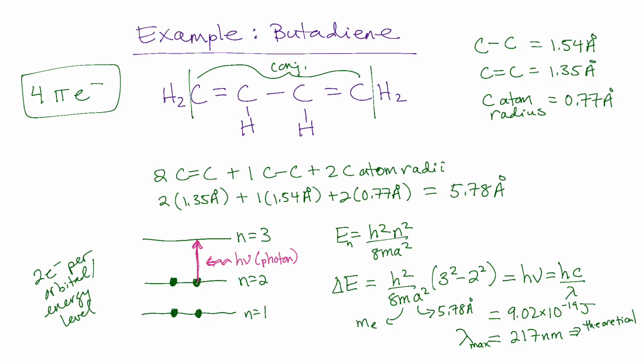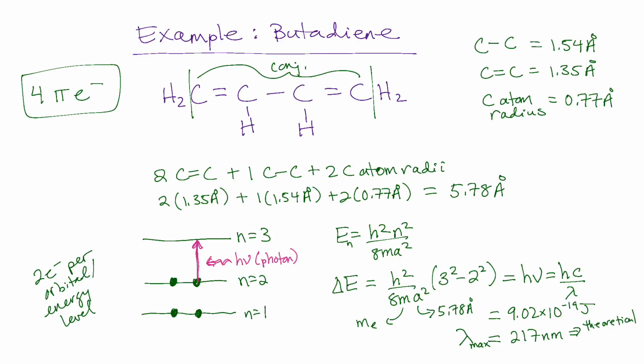We're not getting any information from this model about the width of our peaks or anything like that. There's a lot of other stuff that goes into affecting the shape of your spectrum. But we can use this model to predict our lambda max.